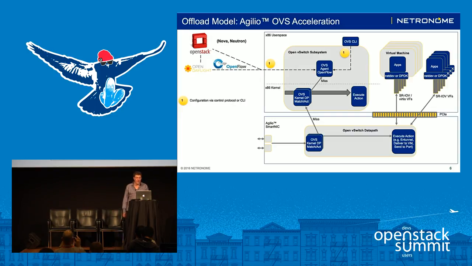When that user space OVS agent determines what to do with the flow, it pushes down a flow entry into the OVS kernel module, which acts as a cache for the user space and a fast path. That kernel module pushes the flow entry down further into the SmartNIC.